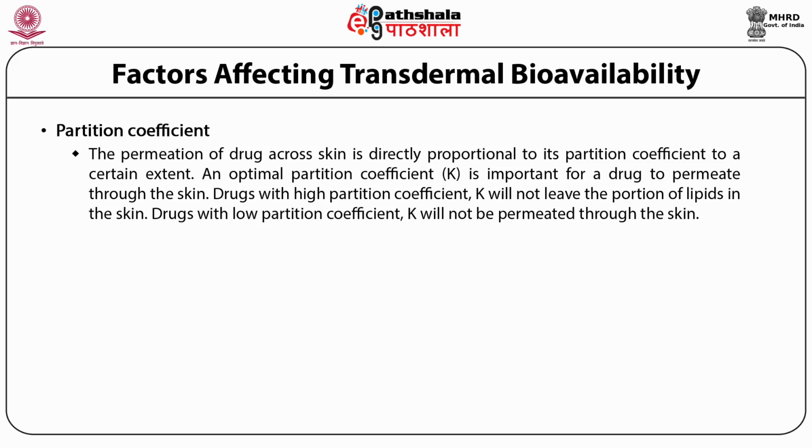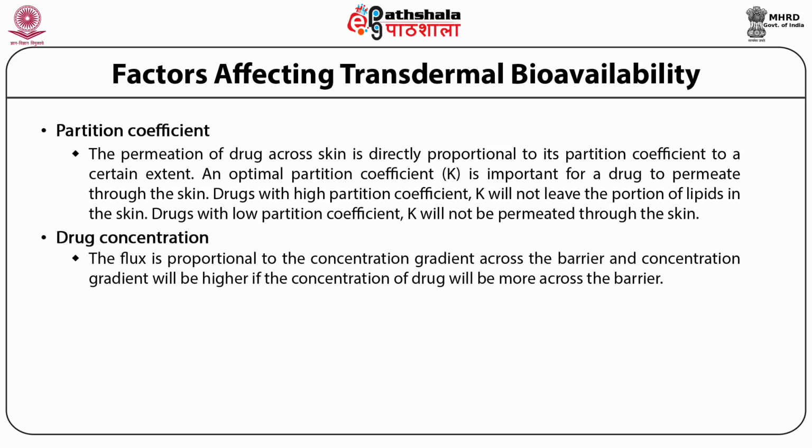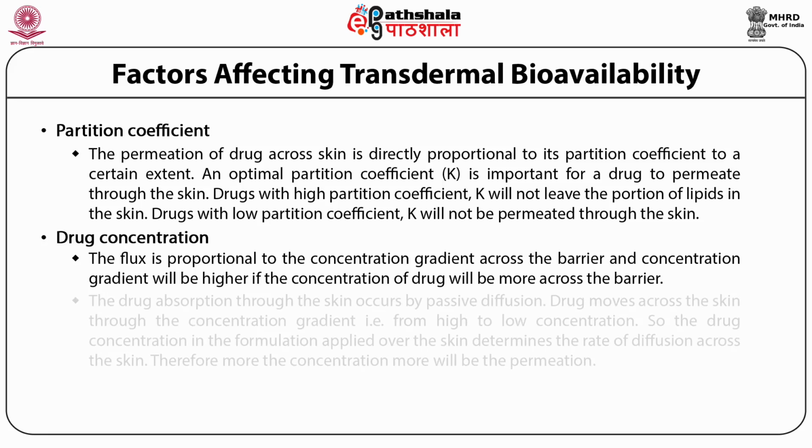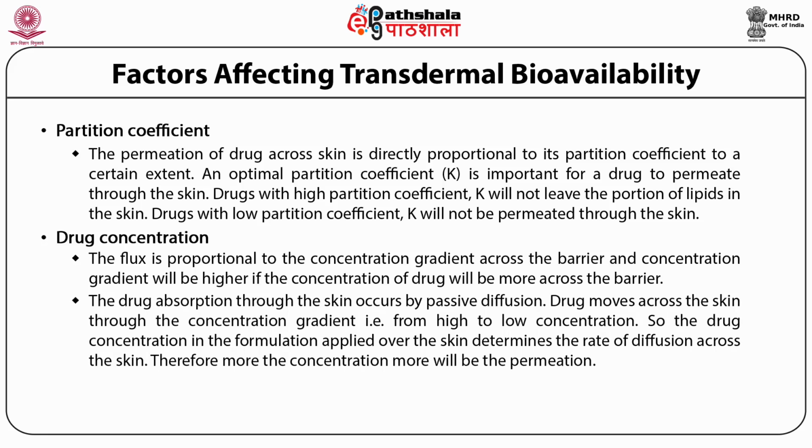The next factor in line is the drug concentration. The flux is proportional to the concentration gradient across the barrier, and the concentration gradient will be higher if the concentration of drug is higher across the barrier. Drug absorption through the skin occurs by passive diffusion.